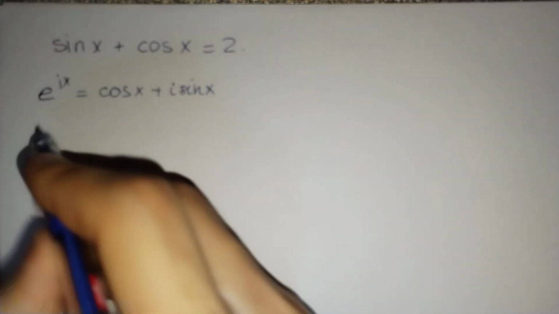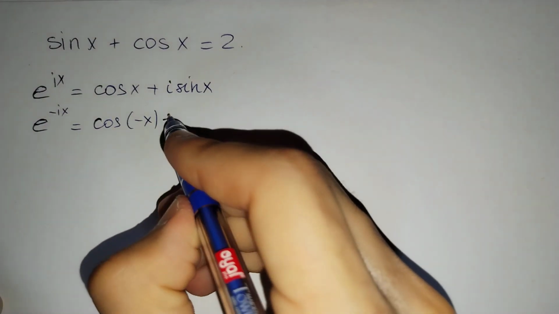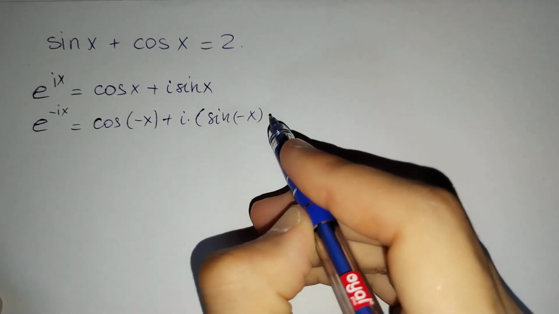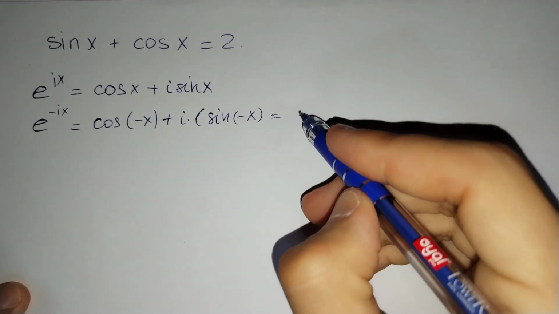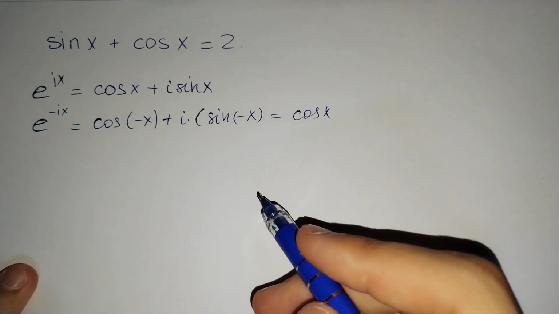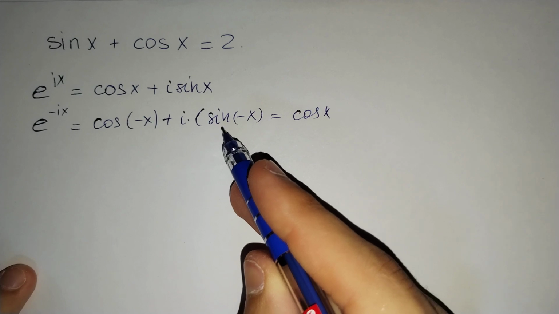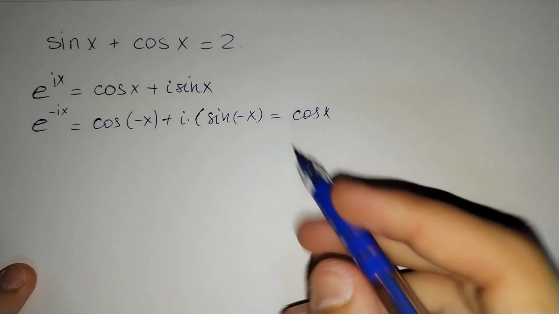And if we find e power negative ix, this equals cosine negative x plus i times sine negative x, and this is equal to cosine x minus i sine x, because cosine is an even function and sine is an odd function, and for this reason sine negative x equals negative sine x.